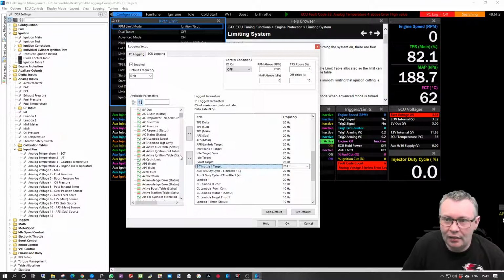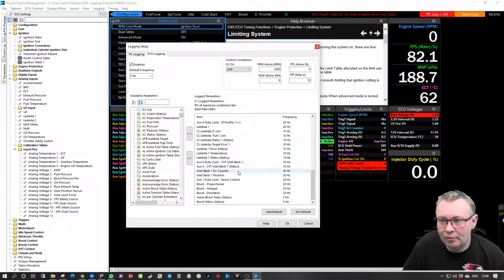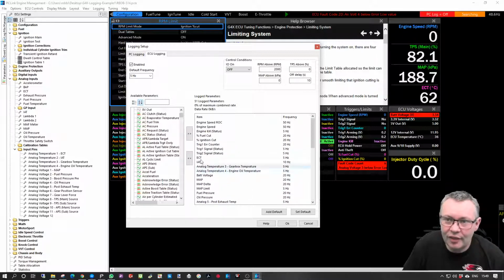Other things that are probably really useful to have now, I'm starting to run out, are your 5-volt analog output status, just in case there's an issue with it, your 3.3 internal and your 12-volt internal.